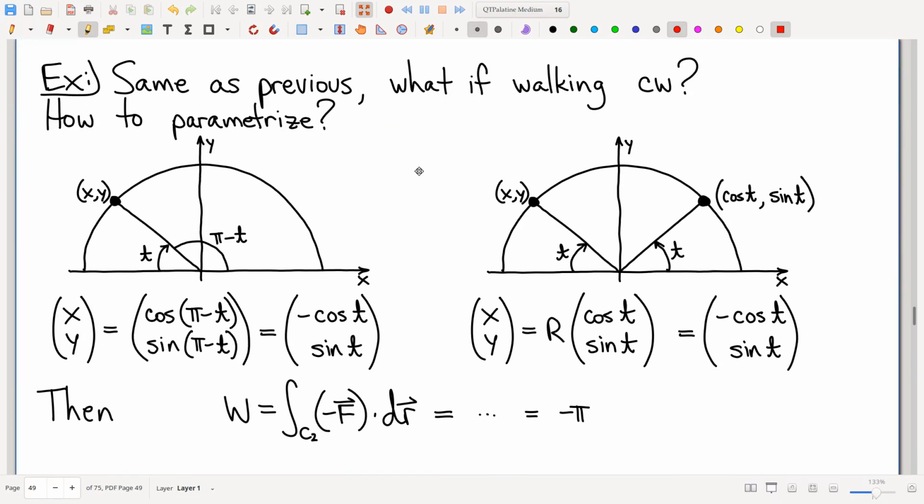Okay, all right, let's see one. Now I'm going to show you 4 different ways to answer this question. 3 of them are good. So it's the same as the previous question. We're just going to go clockwise instead of counterclockwise. Same curve, same vector field.